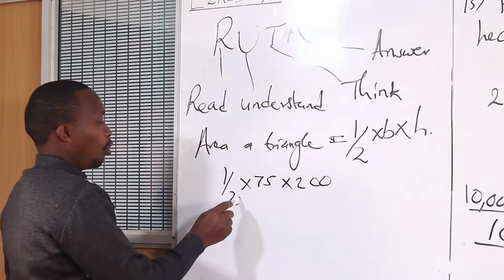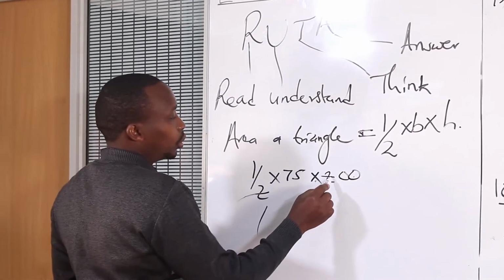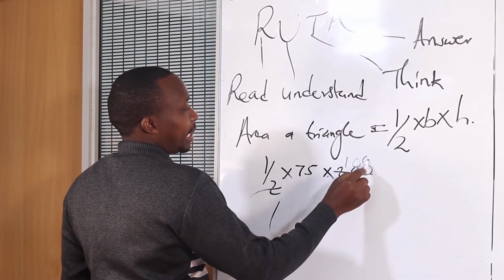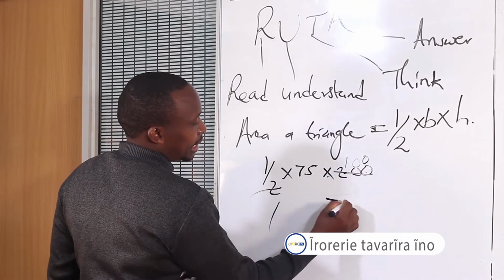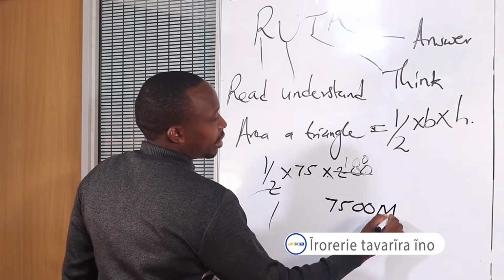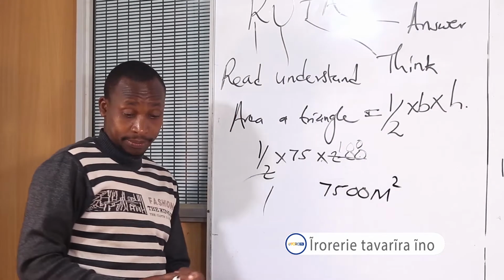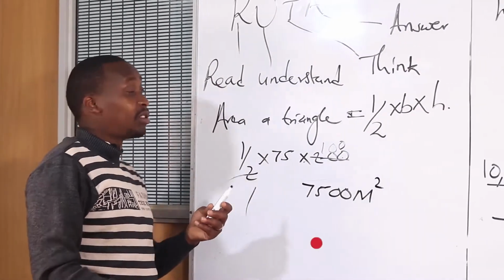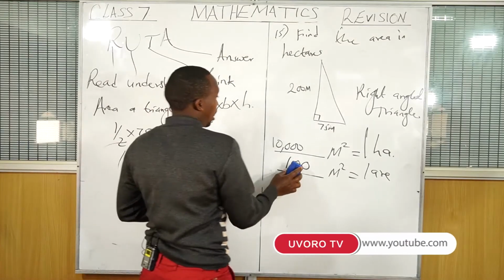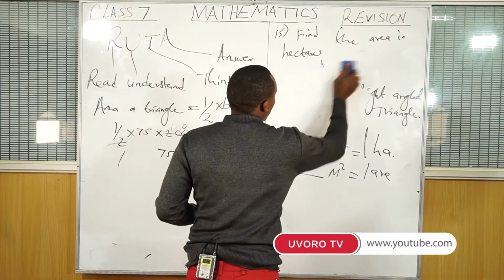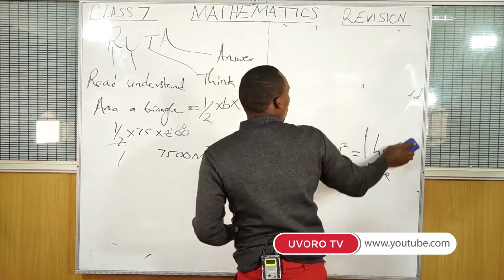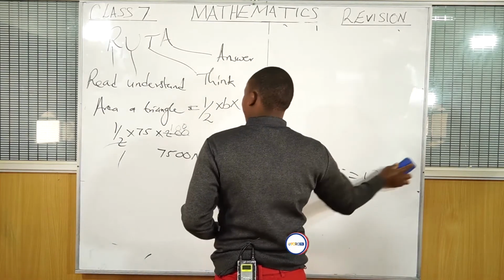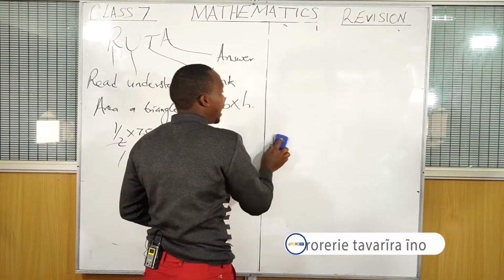Now, a half of 200 is 100. So, 75 times 100 is 7,500 meters squared. That is not the end of our answer. We are told to find the area in hectares.